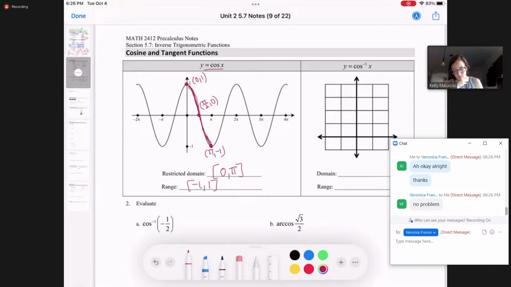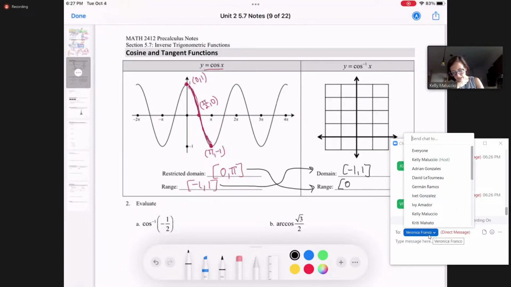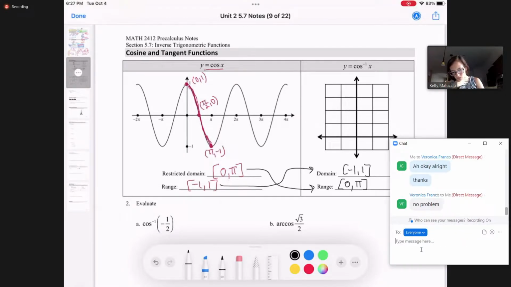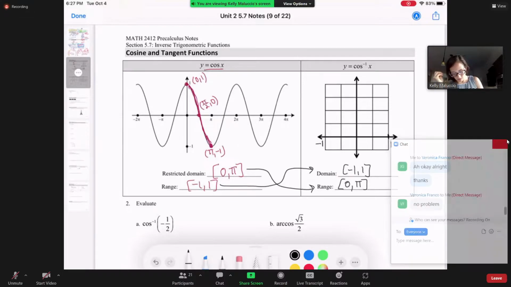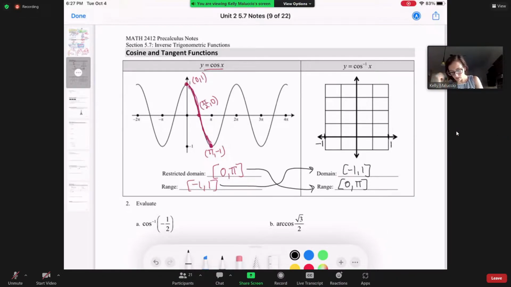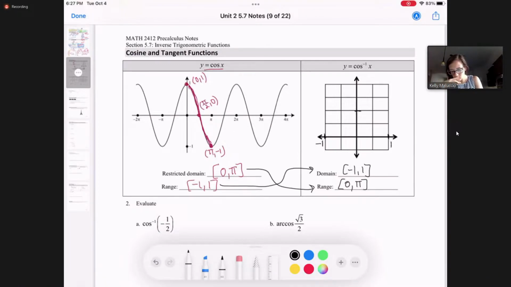That stays the same for both. And then remember, we just swap these. So we get -1 to 1 for our domain and 0 to pi for our range. If we graph this, make this -1 here, make this 1, make this pi over 2, and then this is pi, and this is 0.